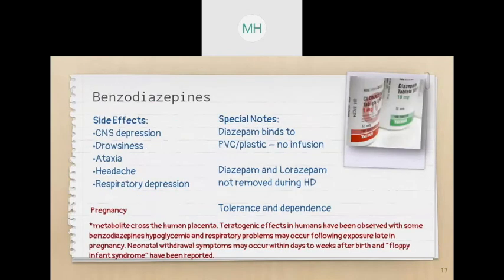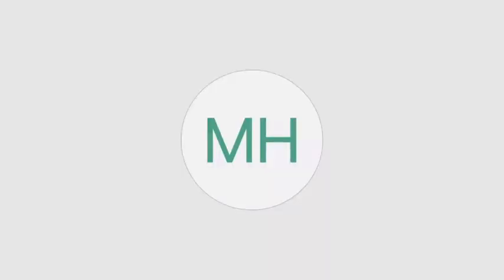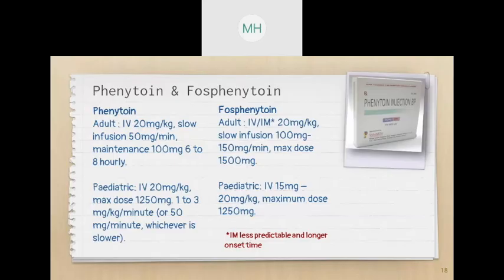Next, phenytoin and fosphenytoin. Fosphenytoin is just a product of phenytoin. It's more water soluble and can be given IM, but it's less predictable and has a longer onset time. The dose is the same, 20 mg per kilo. Just keep in mind that for phenytoin, we have to keep the infusion slow, 50 mg per minute, not too fast.